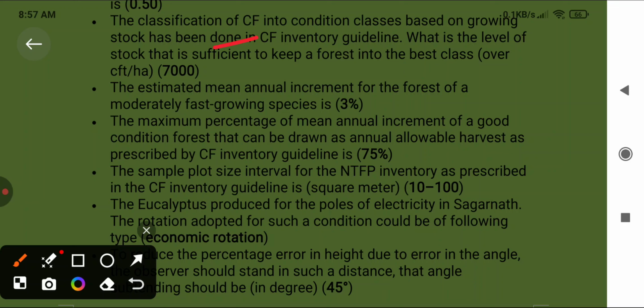What is the level of stock that is sufficient to keep a forest into the best class? It is 7,000 CFT per hectare. The estimated mean annual increment for the forest of a moderately fast growing species is 3. The maximum percentage of mean annual increment of a good condition forest that can be drawn as annual allowable harvest as prescribed by community forestry inventory guideline is 75%.